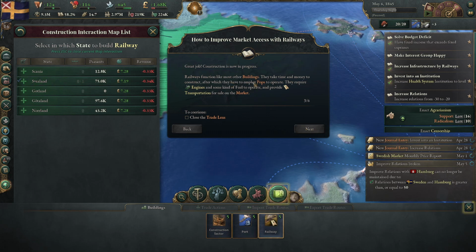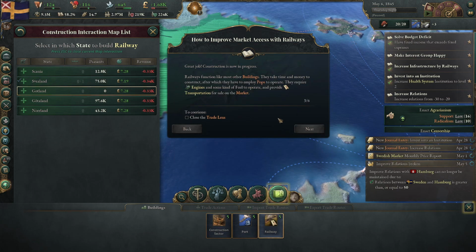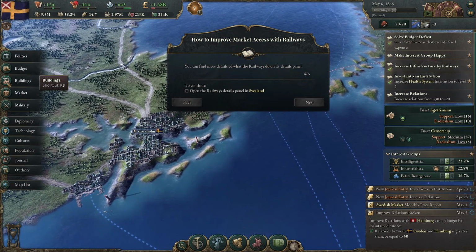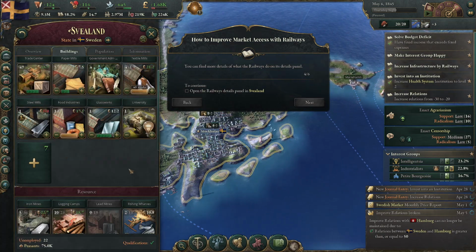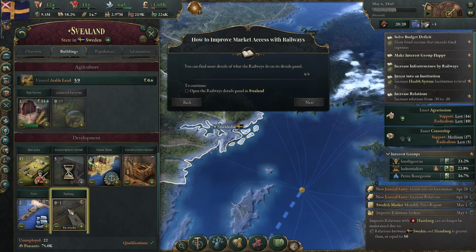Railways always function most other buildings, taking time and money. They require engines and some kind of fuel to operate, providing transportation. Close the trade lens. Okay. Open the railways detail panel in Zealand. Is it railways?